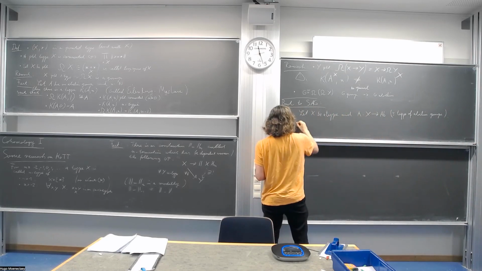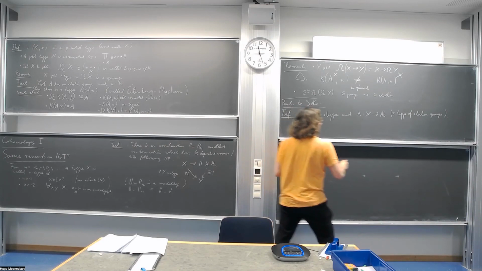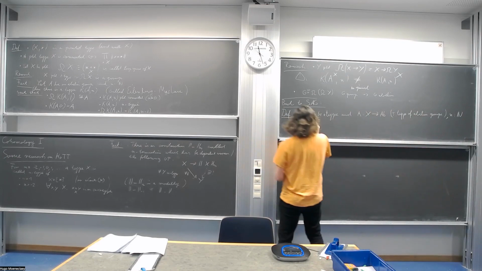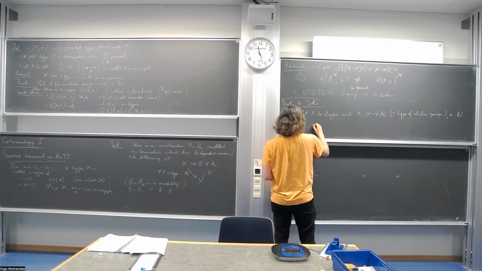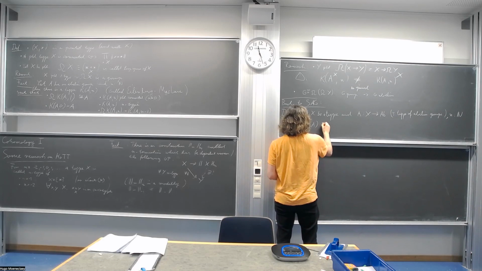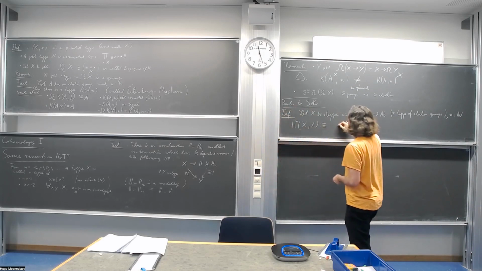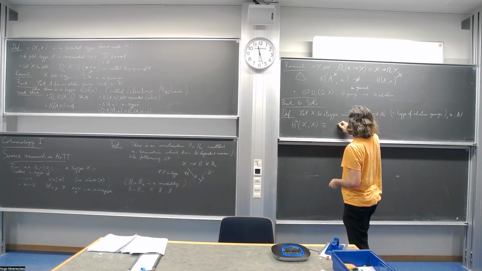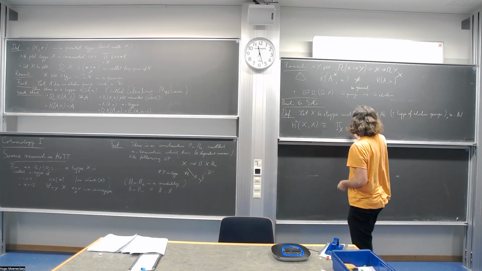So, yeah, and n is a natural number. Then H^n of X with coefficients in A is these interesting things up here, but now written as a dependent type.